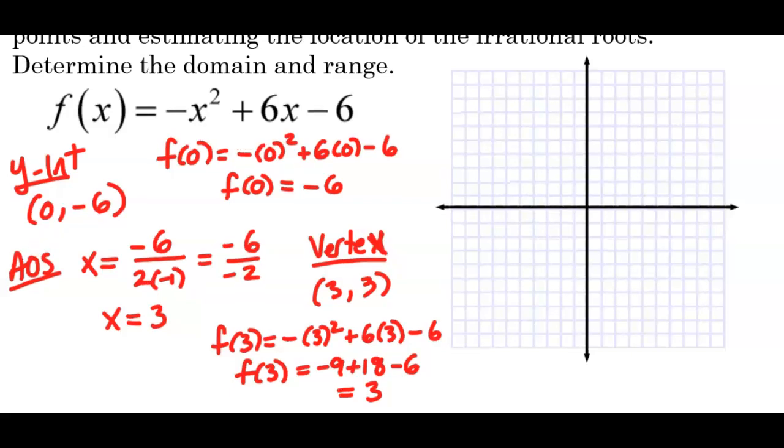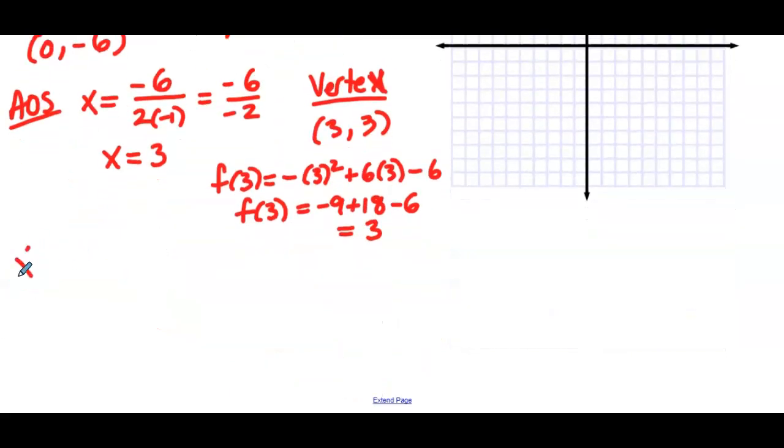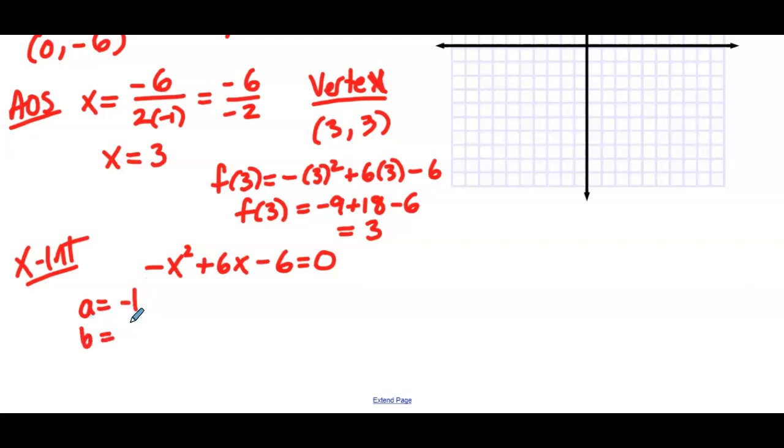Now we need those x-intercepts. So for x-intercepts, we're going to set -x squared plus 6x minus 6 equals 0. Quadratic formula, so we have a equals -1, b equals 6, c equals -6, and we need our discriminant.